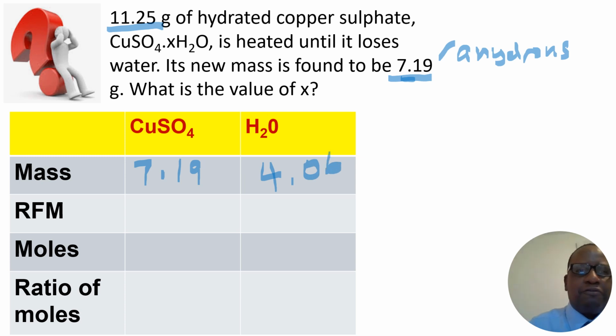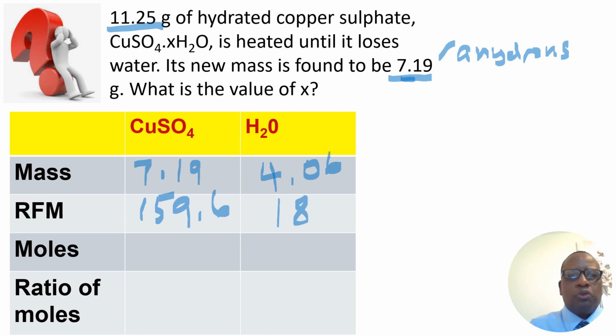Sorry, I don't have my calculator. I'm having to use my phone. It's working anyway. So the relative formula mass for water is 18. I've got to work out the relative formula mass for copper sulfate. Copper is 63.5 plus 32.1 sulfur plus 4 oxygens, which is 64. I'm getting 159.6.